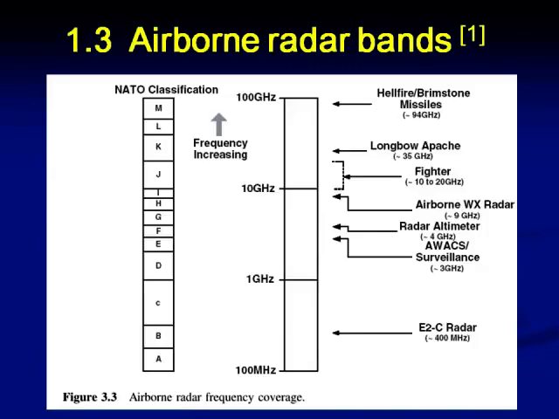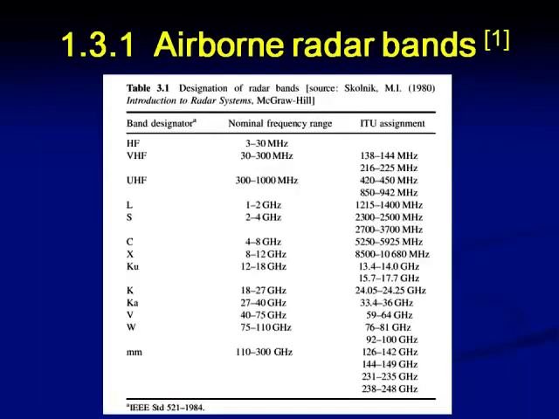And to facilitate this, exclusively for airborne radars, a separate chart is prepared which is as shown, and the corresponding numbers are also given in a tabular form like this. So in this, the nominal frequency ranges are given and also the ITU assigned values are mentioned. How come we could get these things? These frequencies are identified taking the atmospheric attenuation of the electromagnetic waves.